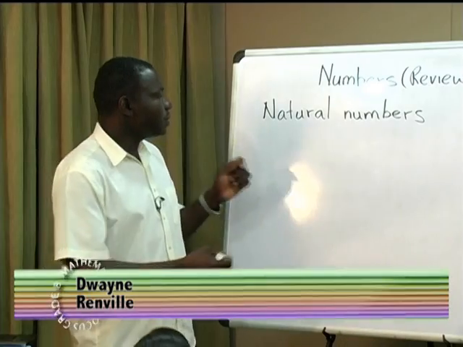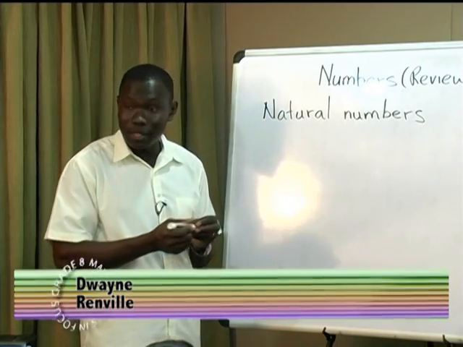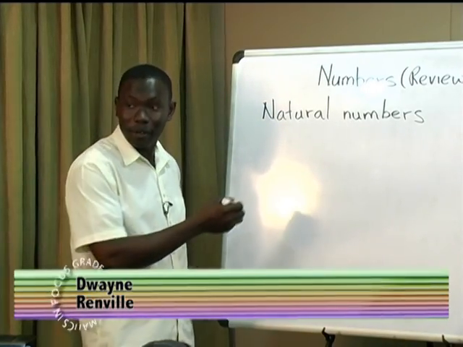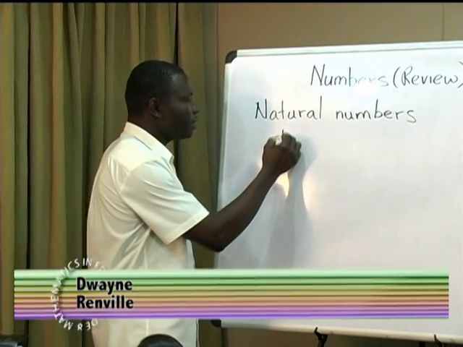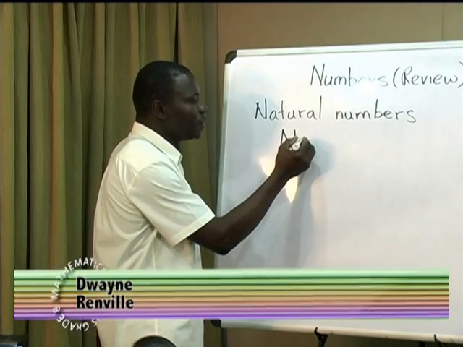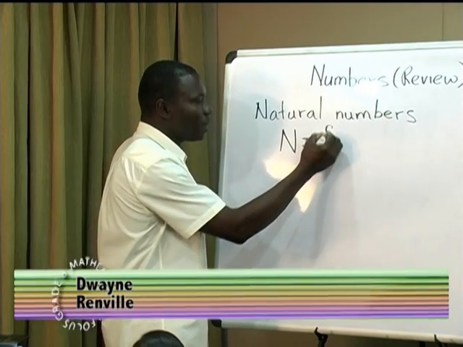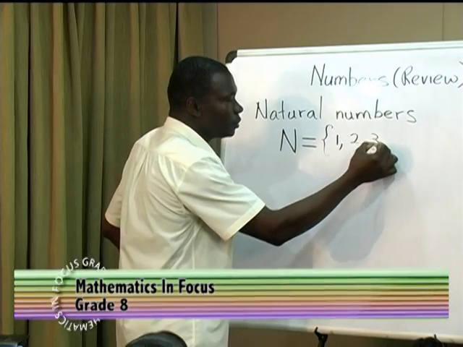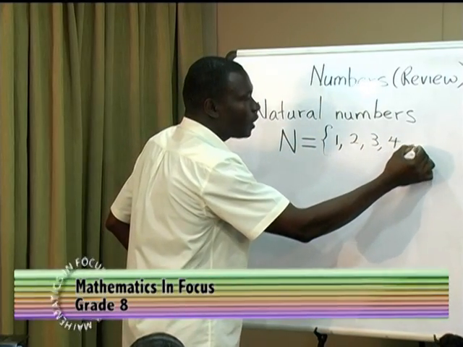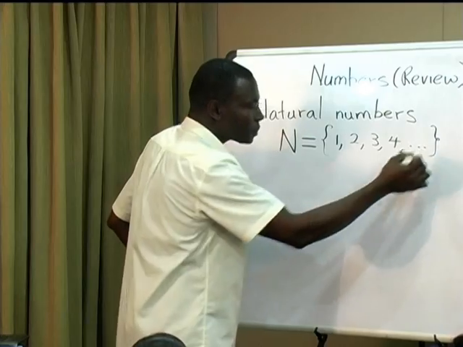All right? And the natural numbers are denoted by a particular symbol. What is a letter that we use to denote natural numbers? Capital N. So we will say natural numbers is equal to the set of, and then we can list 1, 2, 3, 4, and we can keep going on.